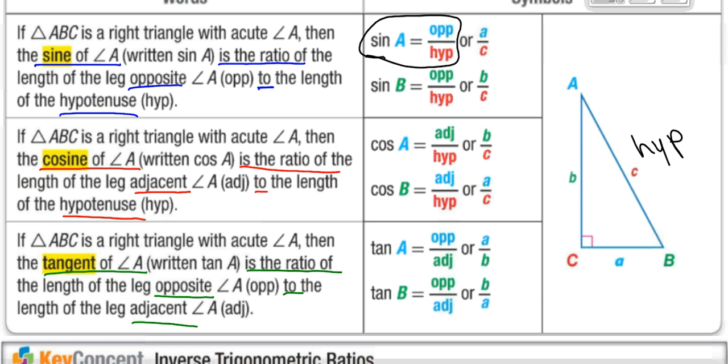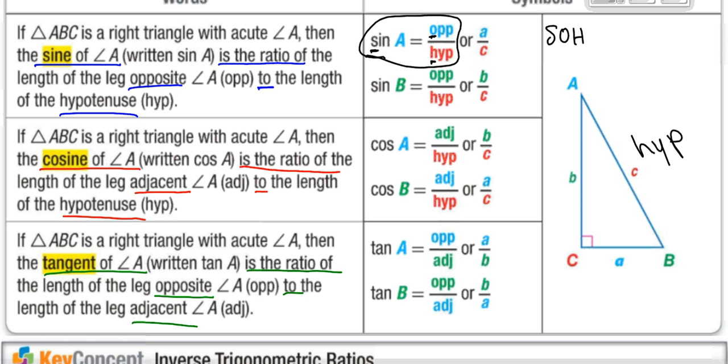So sine A is OPP over HYP, and that's the SO of SOHCAHTOA, S-O-H. Sine is opposite over hypotenuse, and it is the sine of the angle. You don't want to forget that, because sometimes people forget where to put that angle in as we go.